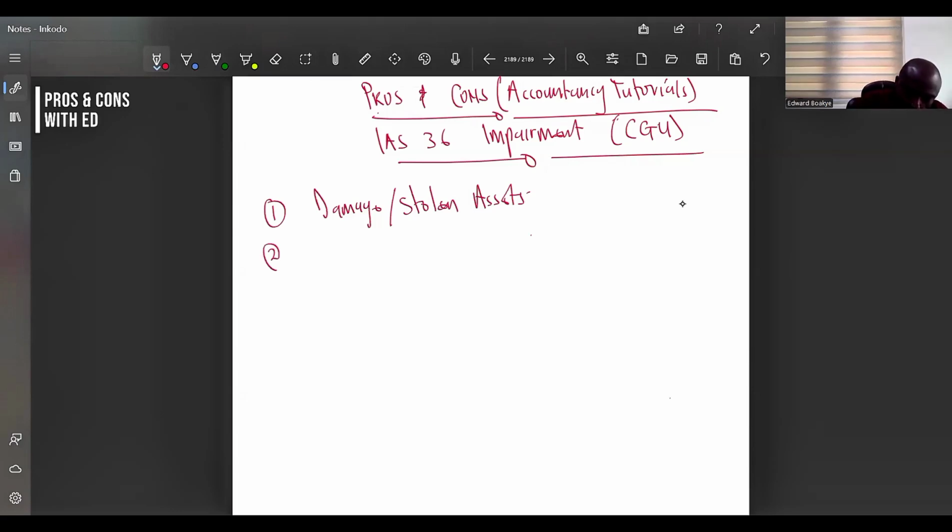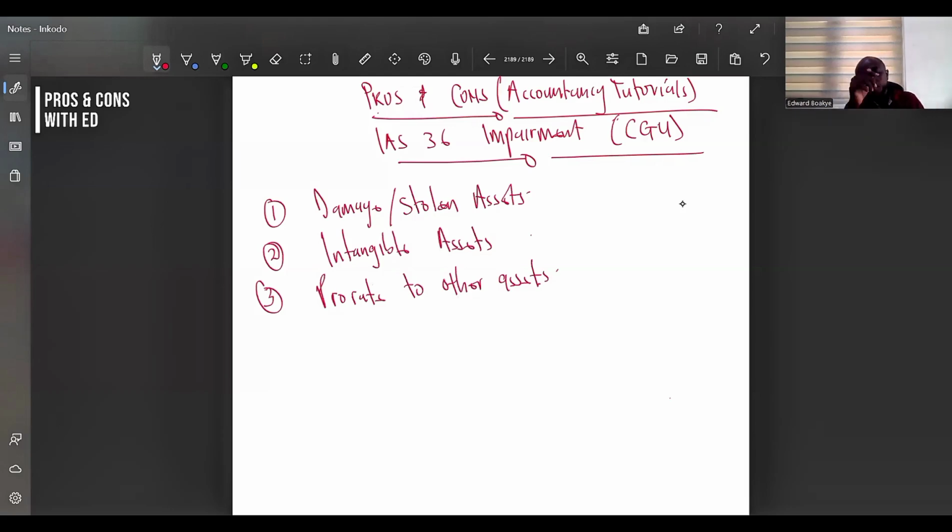Then 2, we recognize it on intangible assets. 3. Whatever asset is left, we will now prorate to the other assets.